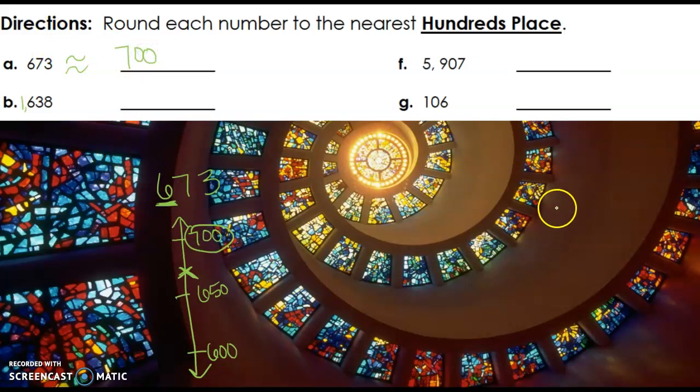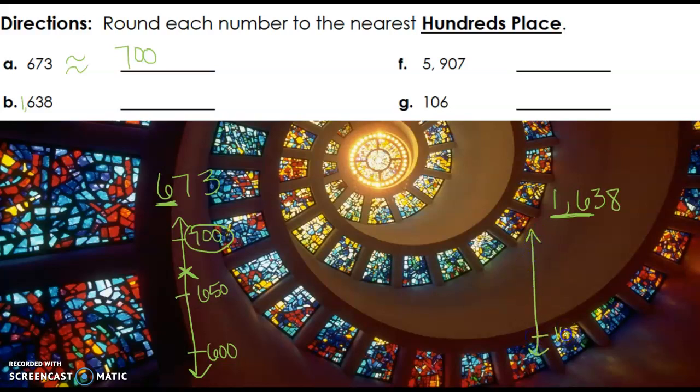All right, so the next one is 1,638. Now, if I find my hundreds place, I also need to underline the thousands that's in front of it and say, okay, I have 16 hundreds. And it's okay to read that number that way.